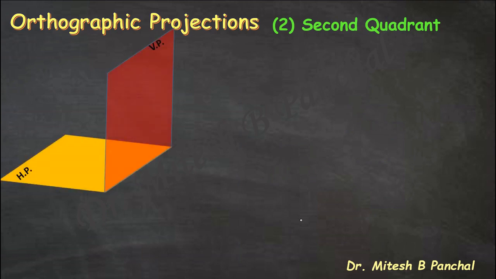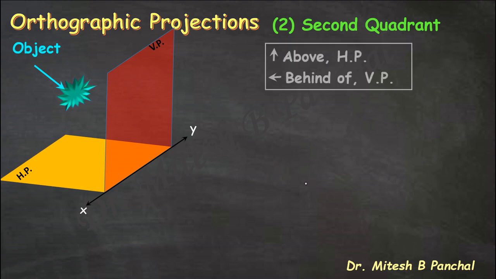Now we will see when the object is in second quadrant. Second quadrant means left top corner. So VP, HP, and the intersection of HP and VP is the reference line or XY line. Object is in second quadrant means in this region, right? Now the position of this object with respect to HP and VP is that it is above HP and behind VP.